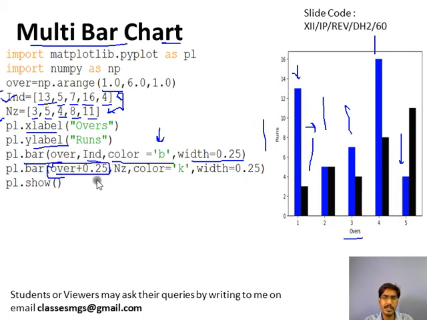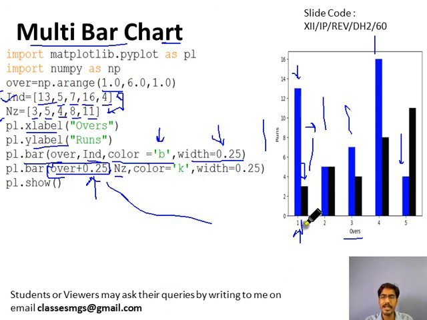If you don't add the 0.25 to this over variable, then it will simply overlap the two bars, one over the other, and the New Zealand bar graph would not be shown, because it would be hidden behind the other graph. Adding 0.25 means we display this graph after 0.25 units, because in the first 0.25 units we have already drawn the Indian graph. In the next 0.25 units we will draw the New Zealand graph.